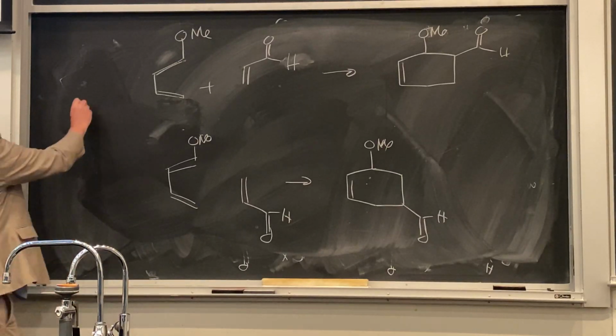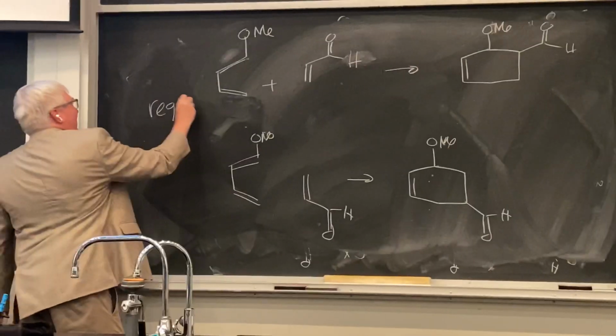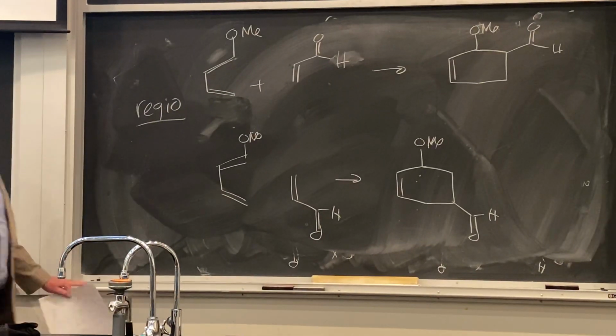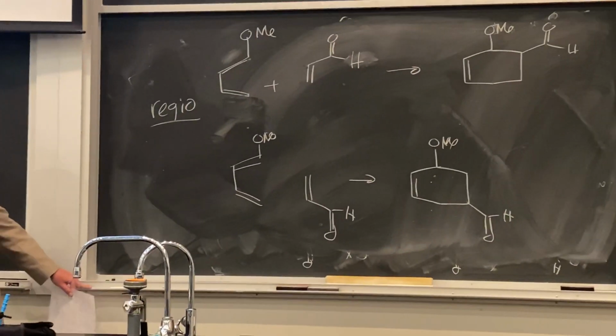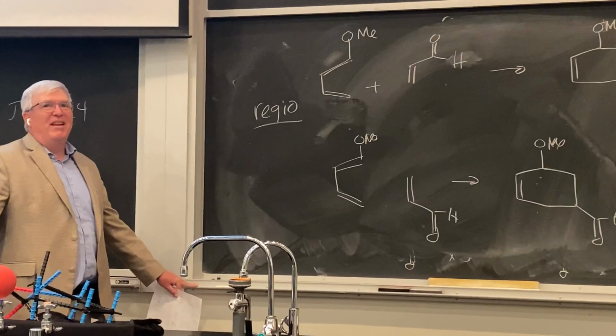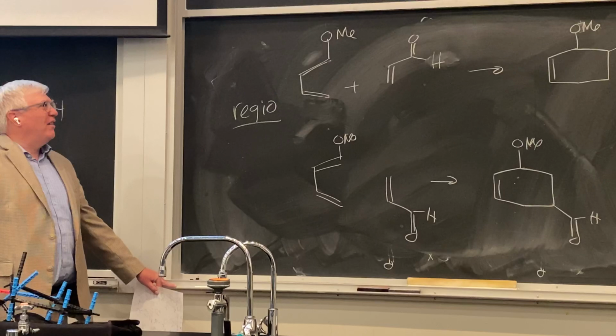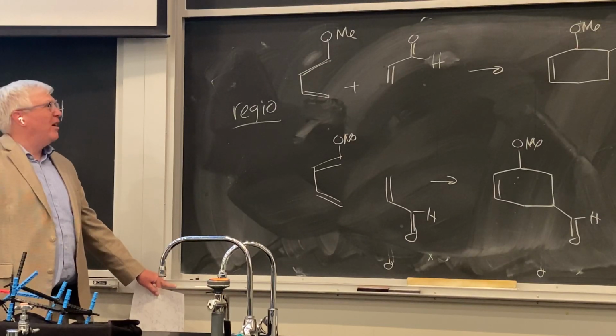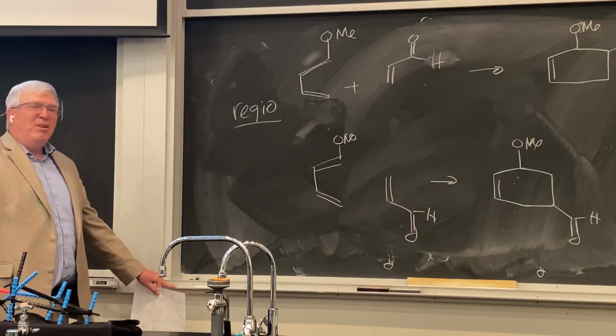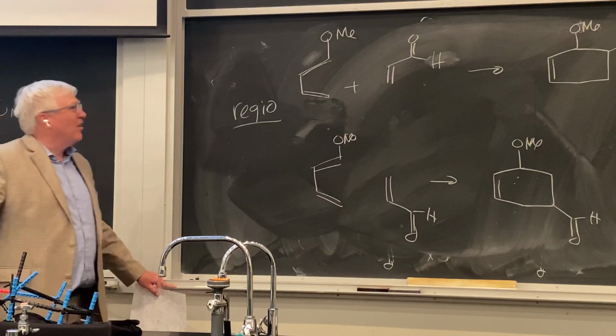This has to do with the regioselectivity of the Diels-Alder reaction. And this is a topic that I think is left to one of the harder problems at the end of the chapter. Although they do discuss it a little bit, and I'll show you how to rationalize this. You have to look at the stepwise Diels-Alder reaction.